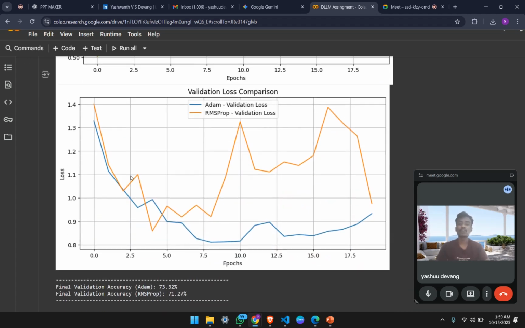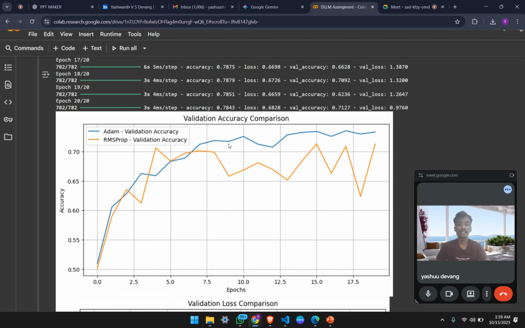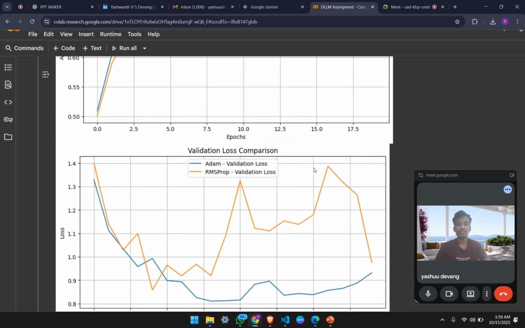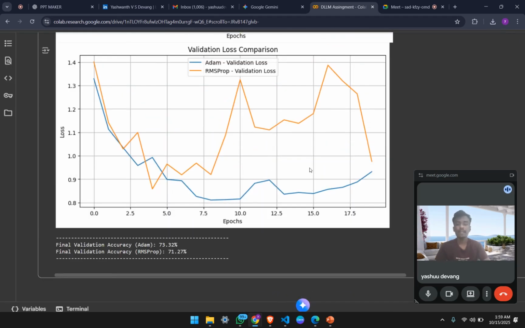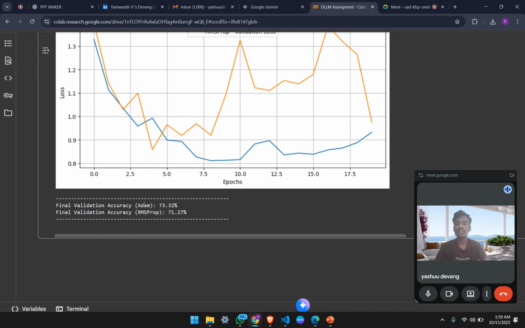We can see RMSprop has a lot of loss, and in the accuracy comparison we can see that Adam is getting more accuracy. You can see the last final validation accuracy is around 73%.